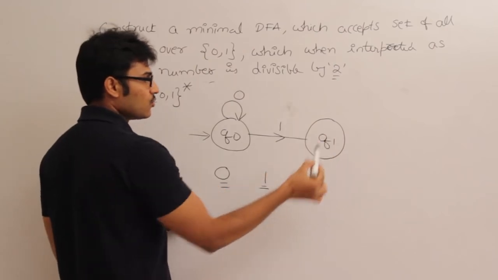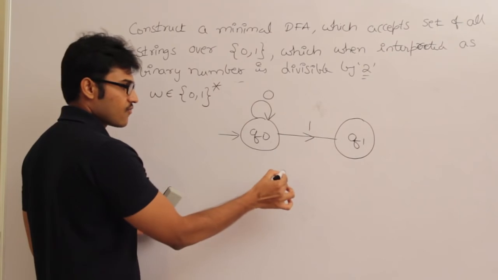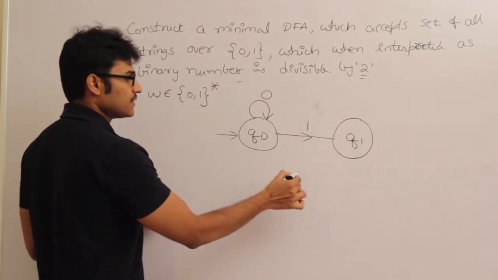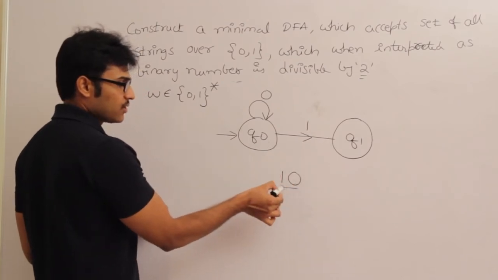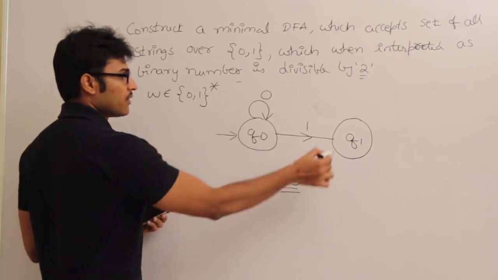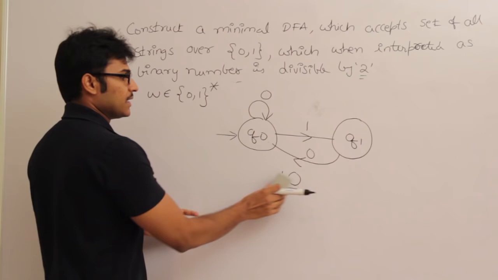Now let us say I am in Q1. How did I reach Q1? You have already seen 1 and you have moved to Q1, and if you see a 0 to the right of it, it is nothing but 2. And what is 2? 2 divided by 2, remainder is 0. Therefore, on seeing 0, I'll come back. Is this a DFA?